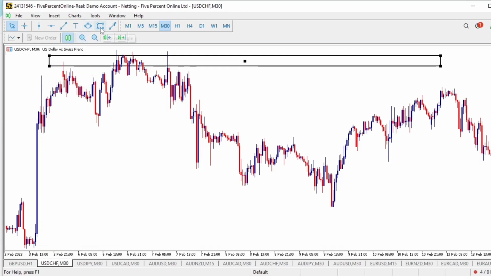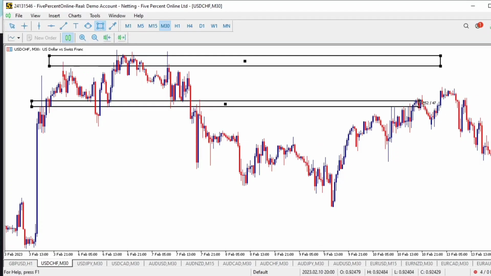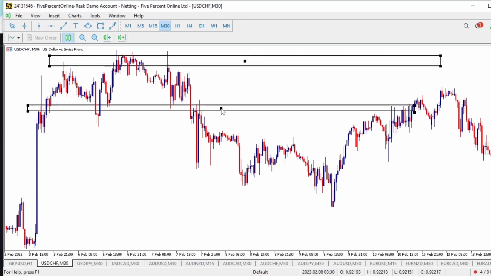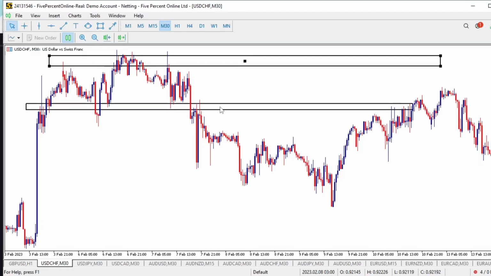Okay, now using the same concept, this could be our support level. Now what happened? The market broke through this support level. This big candlestick broke through the support level, and the market went down, came back and retested it.